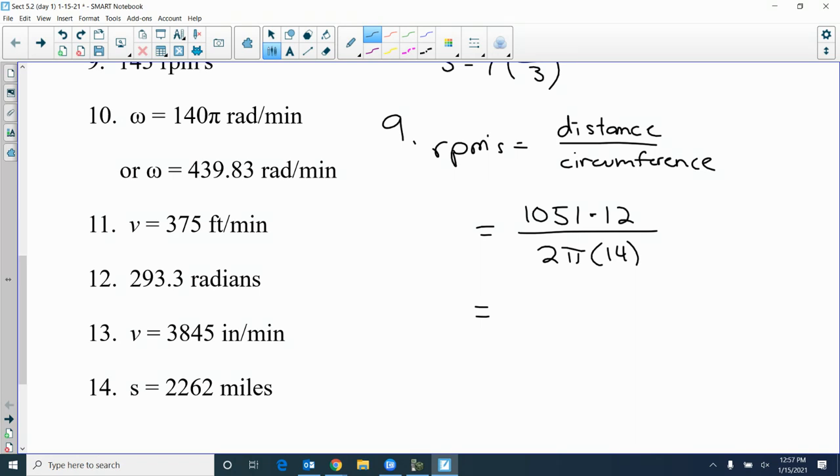Make sure you get 143 rounded. Don't enter it incorrectly. It worked, that's fine. 143, right? Yeah. 143 revolutions, in this case per minute. Okay, for that. All right, number 10.